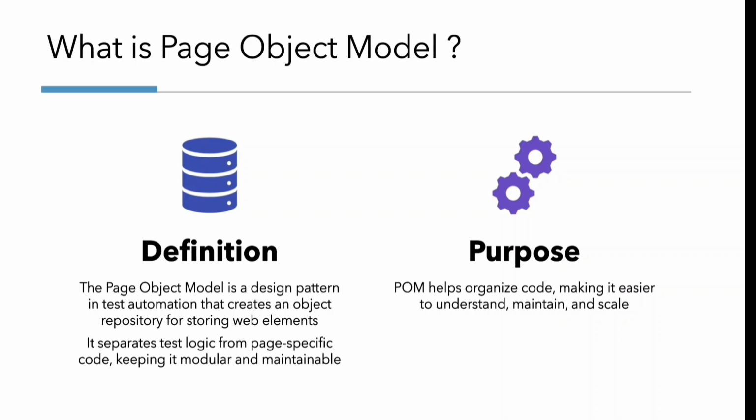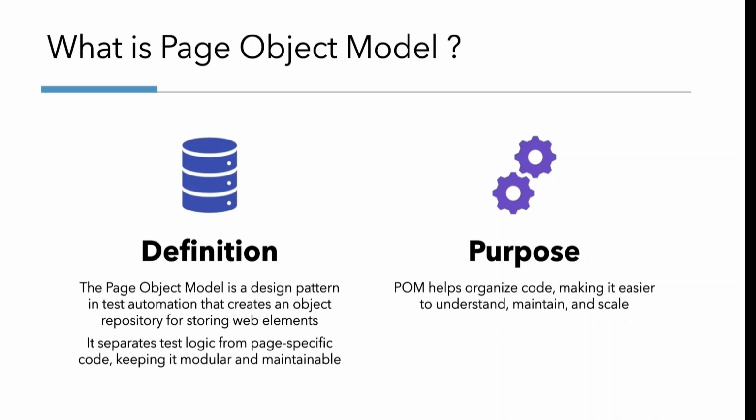Page object model is a design pattern in test automation that creates an object repository for storing web elements. Basically, we have pre-written scripts, like a Java automation script, where we call the elements, like the find element method and so on. But in page object model, we segregate our elements and our code.